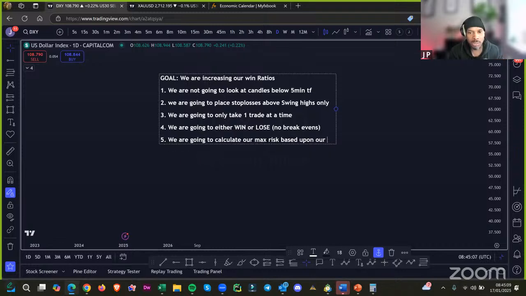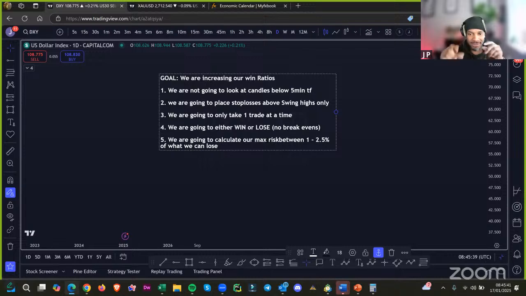We are going to calculate our max risk between 1 to 2.5% of what we can lose. That means depending on whether you've got a prop firm account, a 100K account, 400K account, 10K account, if you've got a 100K account, you can only lose 10K. But then you've got to calculate your risk based upon what you can lose.